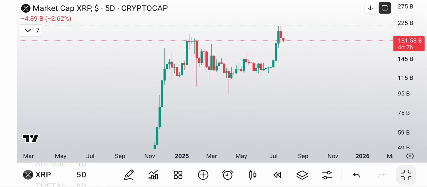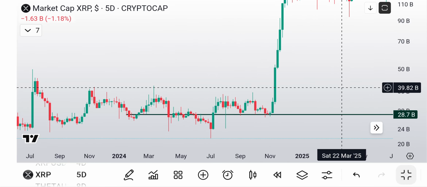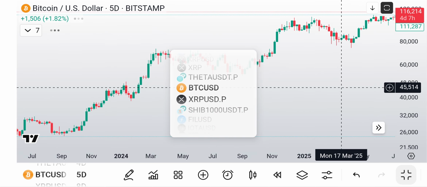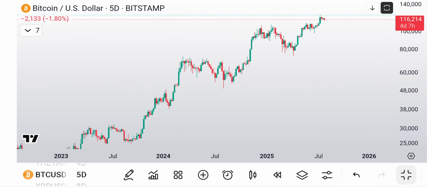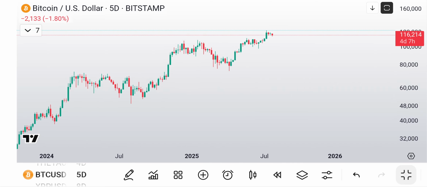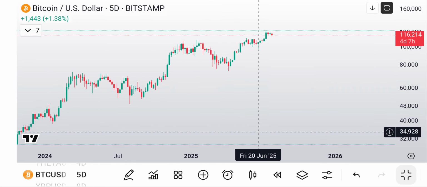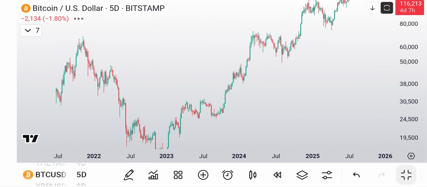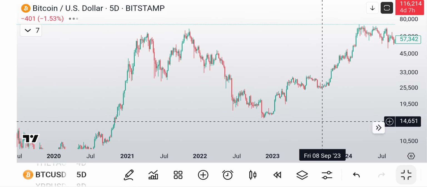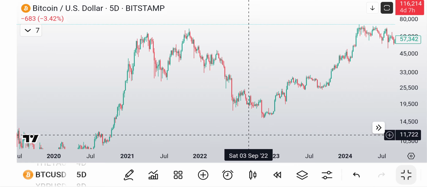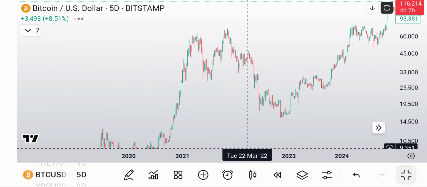If we go, let's go back to Bitcoin. I wish there was an indicator that had all the Septembers on here. But usually it's not that good for the markets.